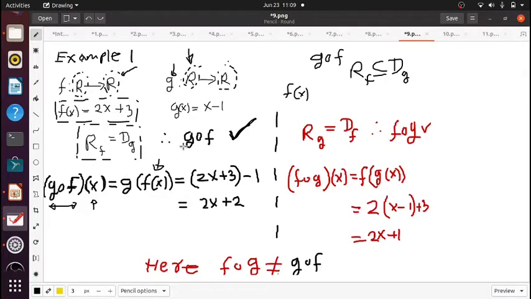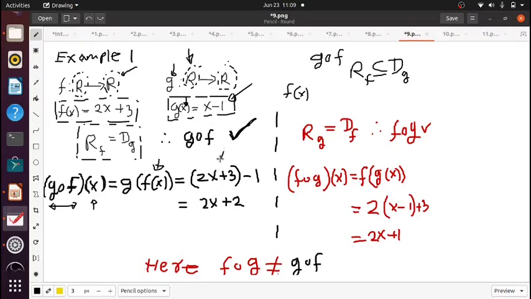Now, for function g, what is the rule? The rule here is g of x equals x minus 1. So x is the input here. Now, what you have to do is replace x in the function g by the function f of x.